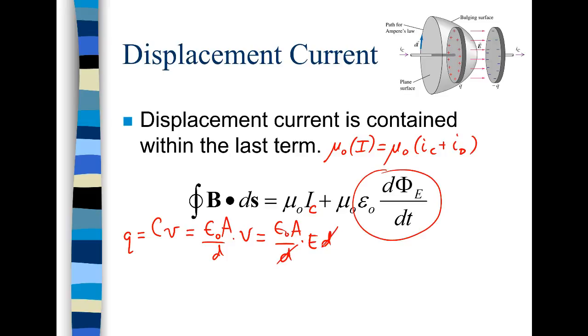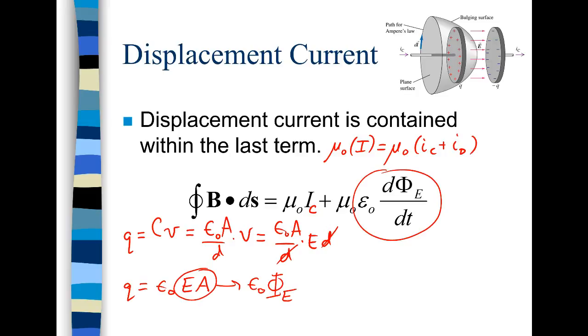So that cancels out. And what we get is that this charge is equal to epsilon naught E times A. Now you might remember from earlier in this chapter that B times A was magnetic flux, and E times A is what we call electric flux. Which makes sense because you have electric field lines going through a surface.